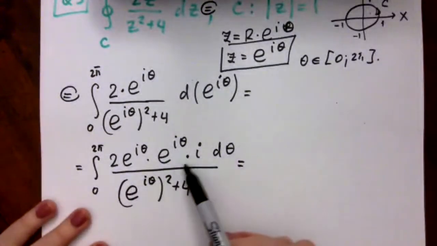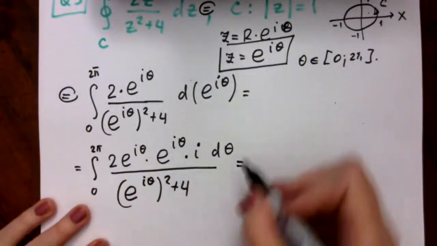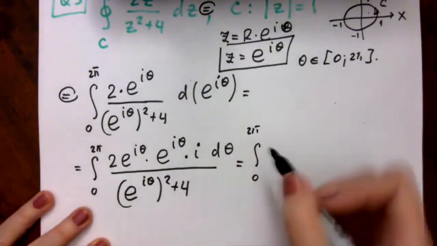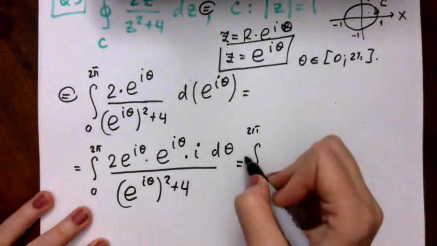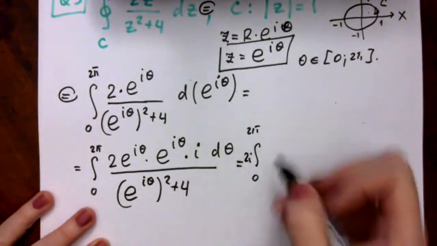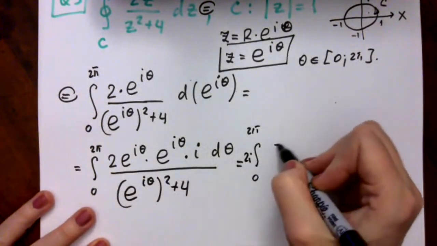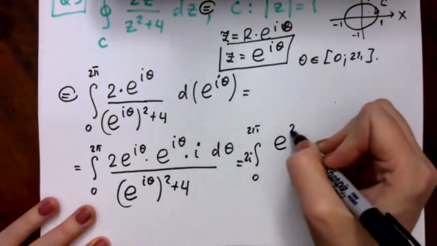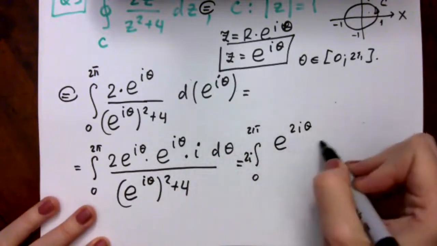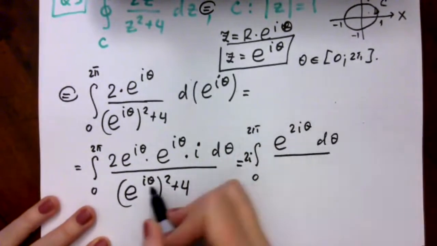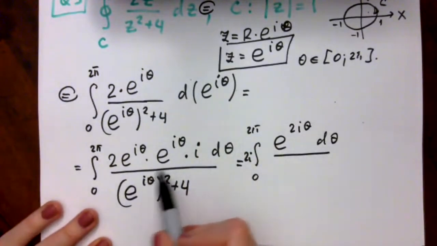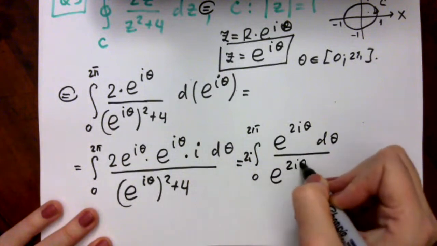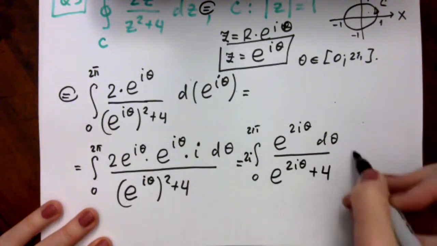After that, we can do some simplification. We can observe that 2i is a constant. It could be pulled in front of the integral. And here we have e to the power of, these powers get added together, 2i theta d theta. And here I can apply the very well-known property of the powers. It's actually the same expression, e to the power of 2i theta plus 4.